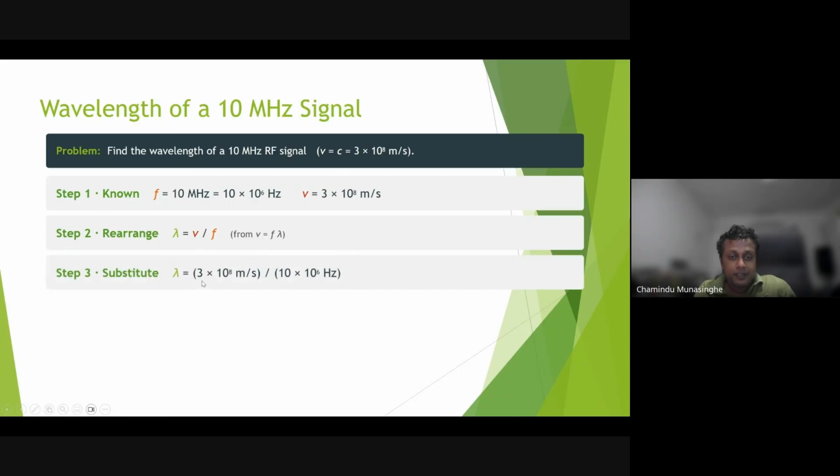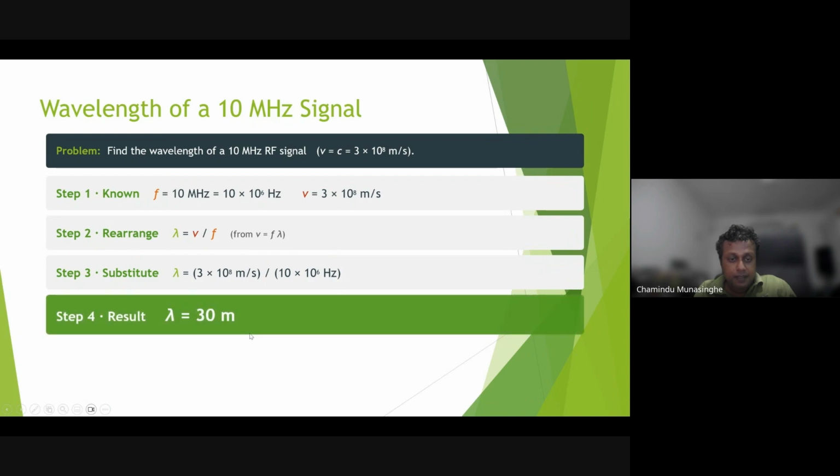So 3 times 10 to the 8 divided by 10 times 10 to the 6. This is 10 to the 7 and this is 10 to the 8, so it's 10 to the power 1. 3 times 10 to the power 1 is 30 meters, right? So the wavelength of a 10 megahertz signal is 30 meters, right?